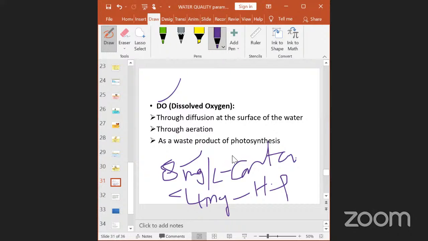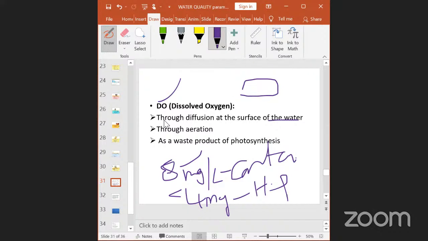Oxygen can enter the water in 3 ways. The first is diffusion at the surface of the water, where oxygen molecules bounce at the surface and some of them pass through and dissolve straight into it.